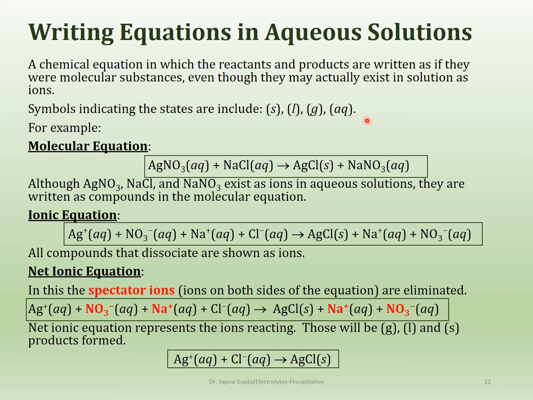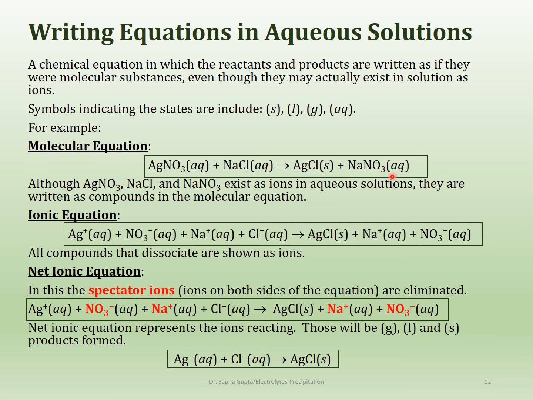So let's take an example. Our example here is silver nitrate reacting with sodium chloride, doing a double displacement reaction to give sodium nitrate and silver chloride. In this case, the reaction is all given to us. We also know what the states are. Otherwise, you should be able to predict that silver chloride is going to be a solid and sodium nitrate is going to be aqueous.